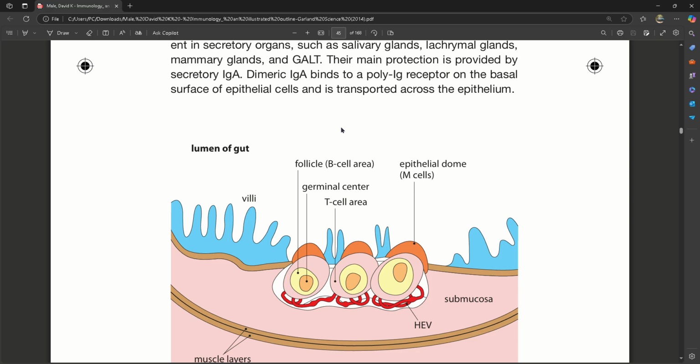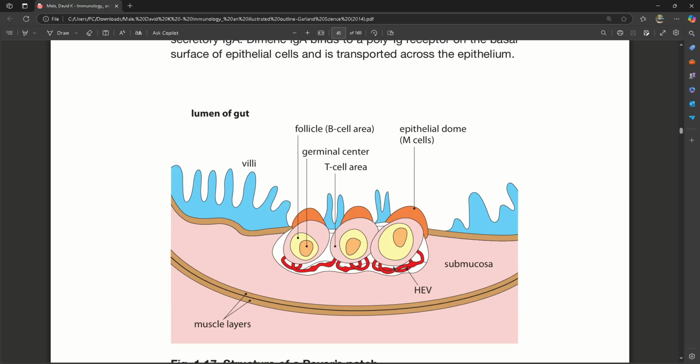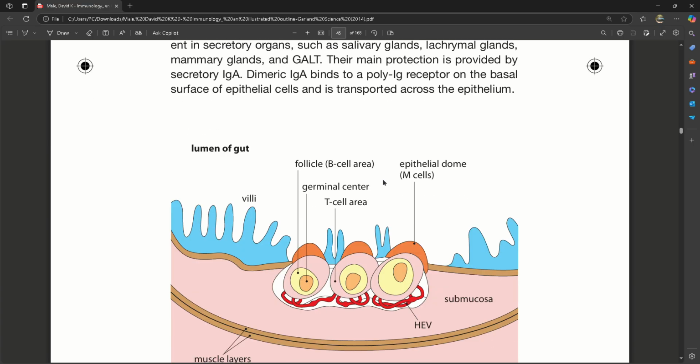In the gut, there are follicular B cell areas and epithelial dome, M cells and T cell areas, and here these components or cells of the immune system are concentrated so that it can effectively help in the production of immunity against pathogens, so that they will be trapped and the selection of T cells and B cells will take place and induction of immunity will take place.